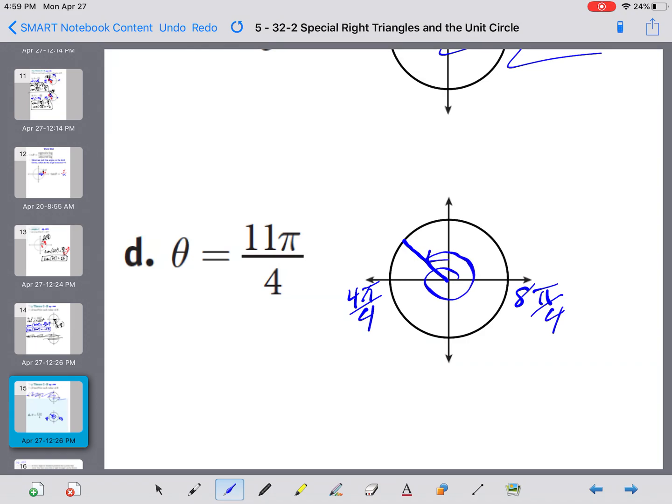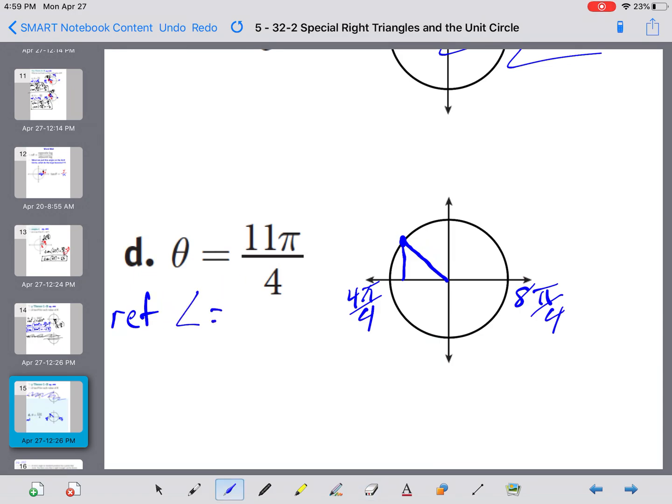More than one time around the circle. I don't need to do that. All I need to do is find the reference angle. So 3 pi over 4 is a coterminal angle, but the reference angle would be pi over 4.